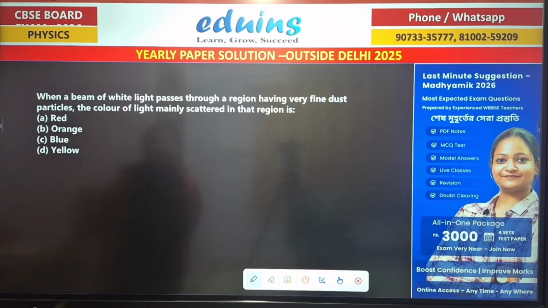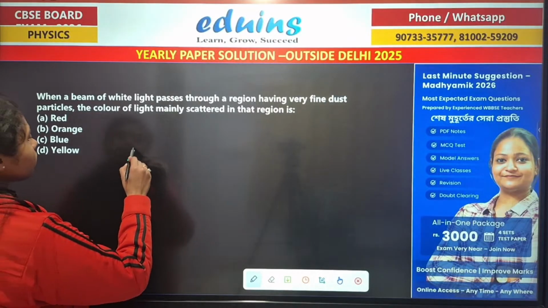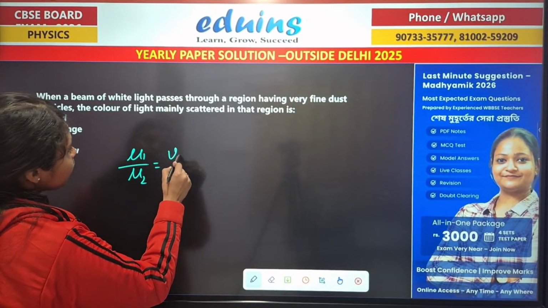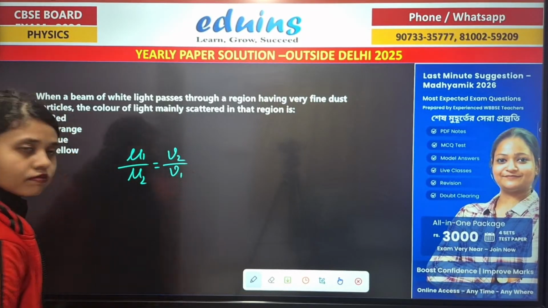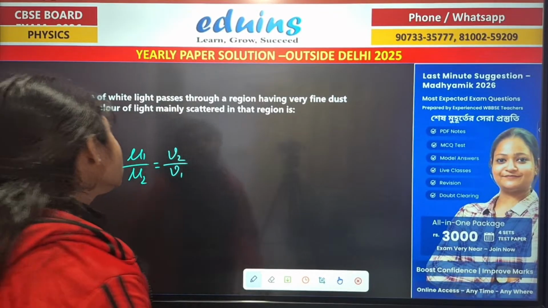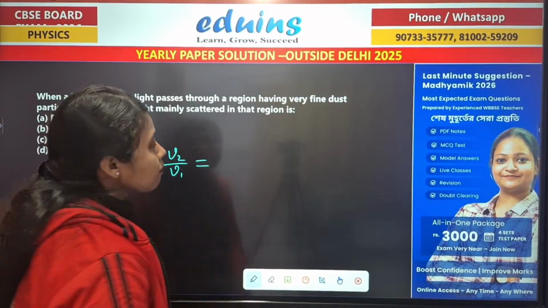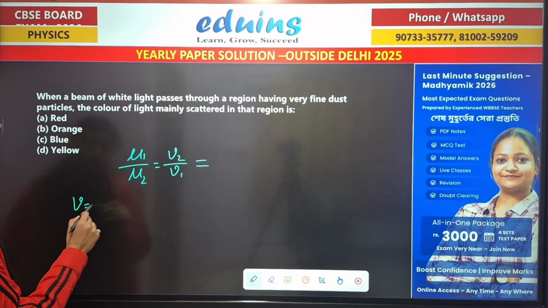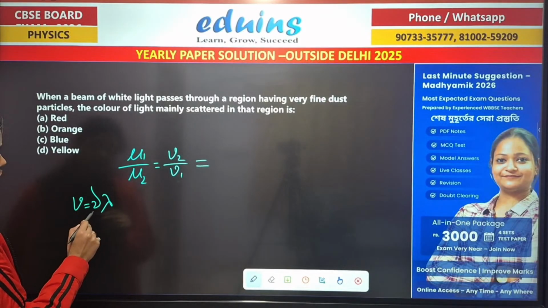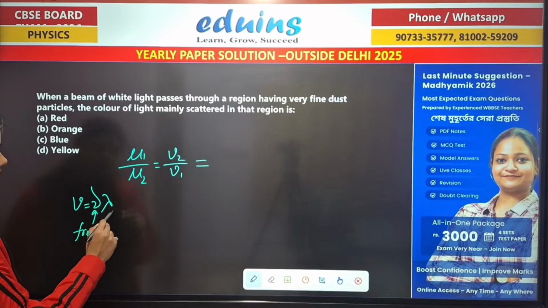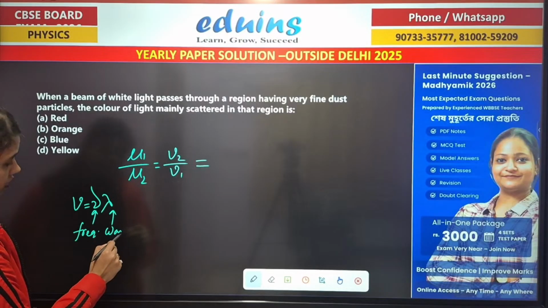We know the relation of mu1 and mu2 is equal to v2 by v1. So we solved this in the previous question. Now the relation of wavelength and the velocity of light is that v is equal to mu lambda, where mu is the frequency and lambda is the wavelength of light.